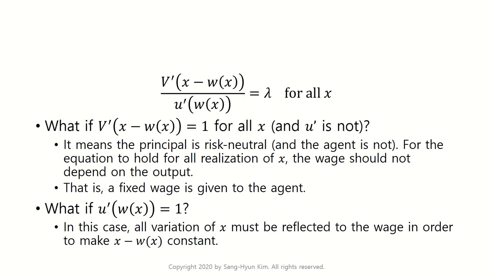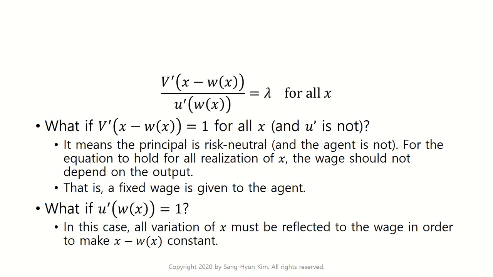All the variation of revenue is reflected in the wage. It's like the principal is selling the firm, selling the business to the agent, and x minus w is constant. The principal is taking some fixed amount of money, and the business is now run by the agent. So the agent will take all the risk, all the responsibilities, all the benefits.